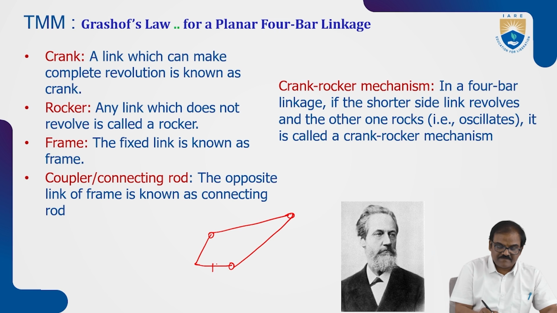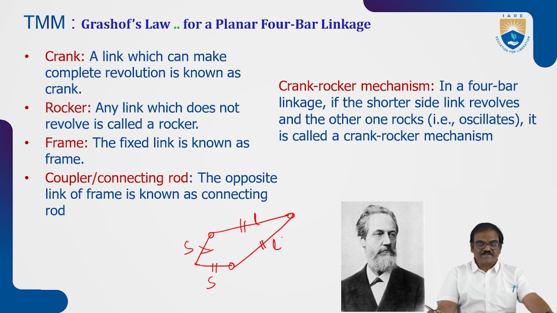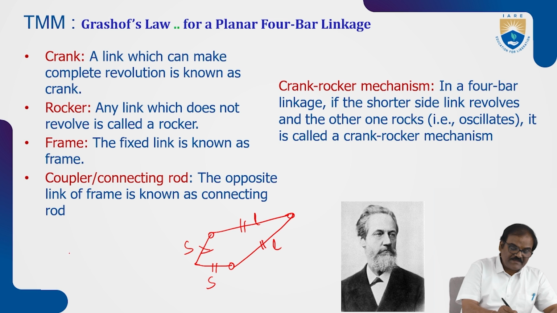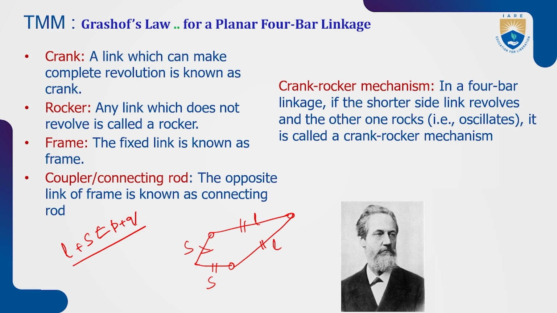So this link is S units, this link is S units, this link is L units, this link is L units. But still, it can satisfy the condition L plus S equal to P plus Q. This condition is satisfied. So this is a little extension to our parallelogram linkage.